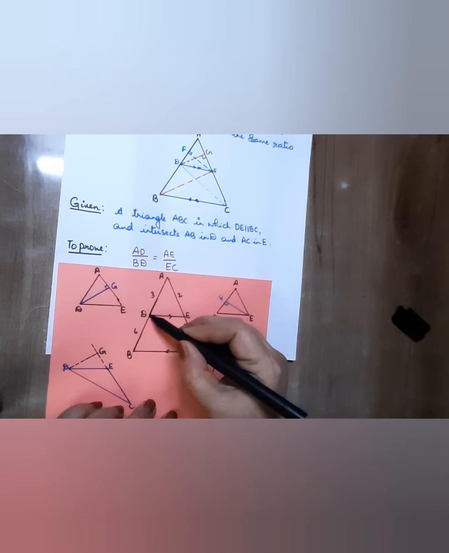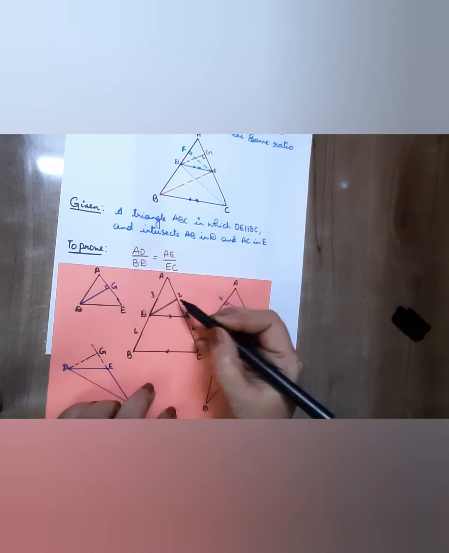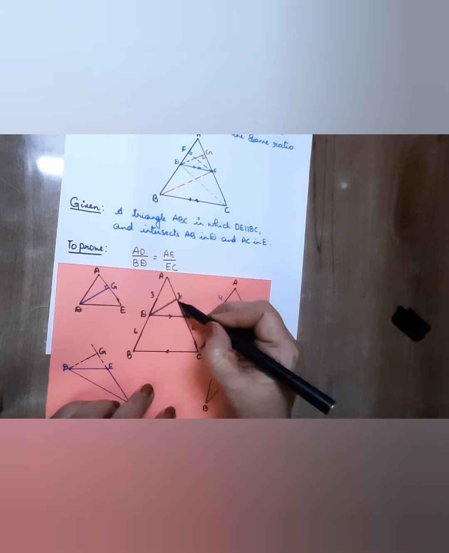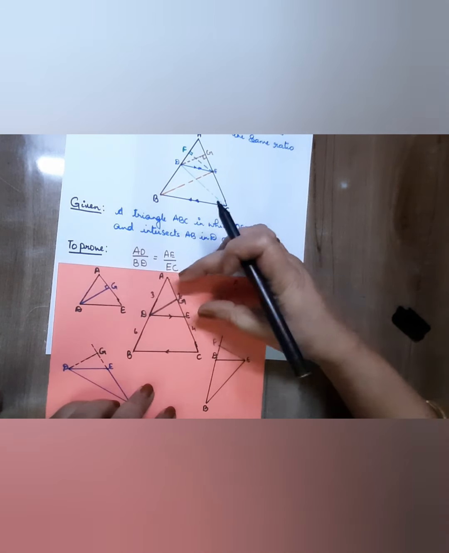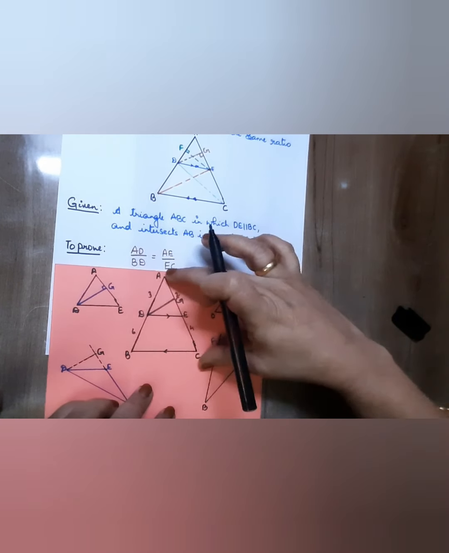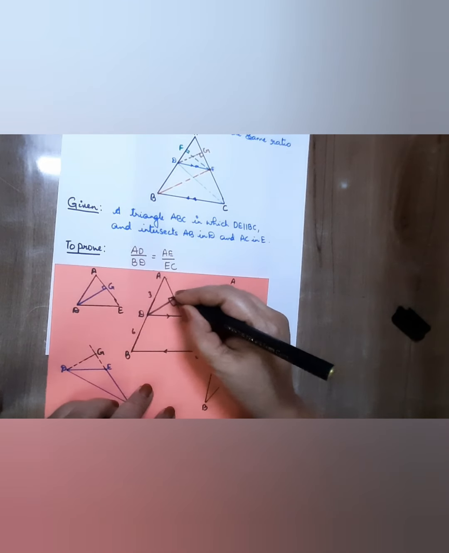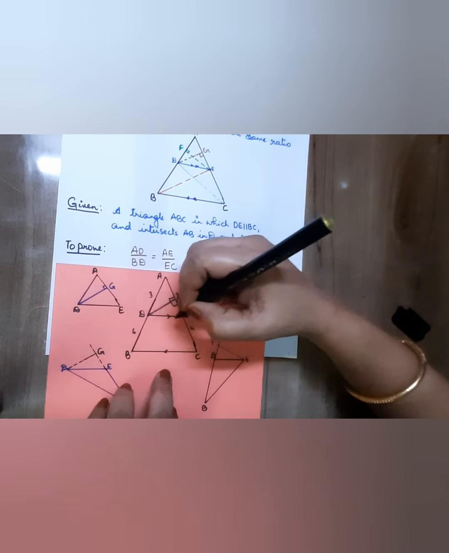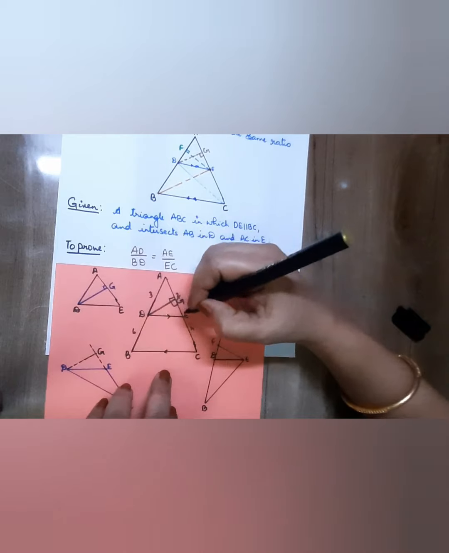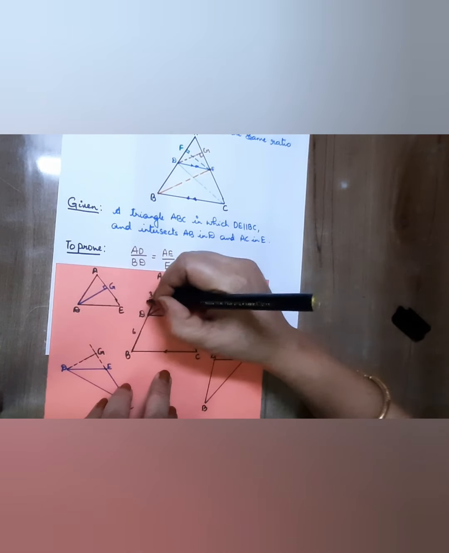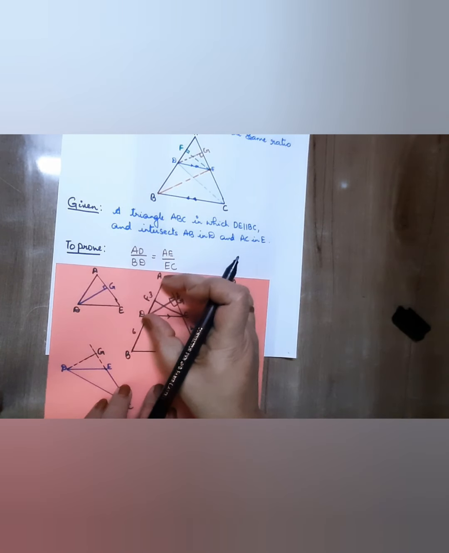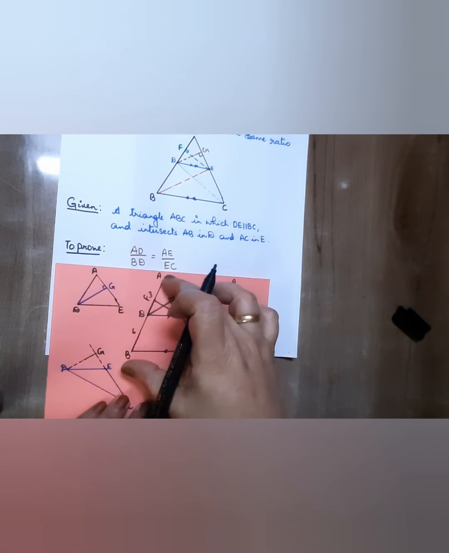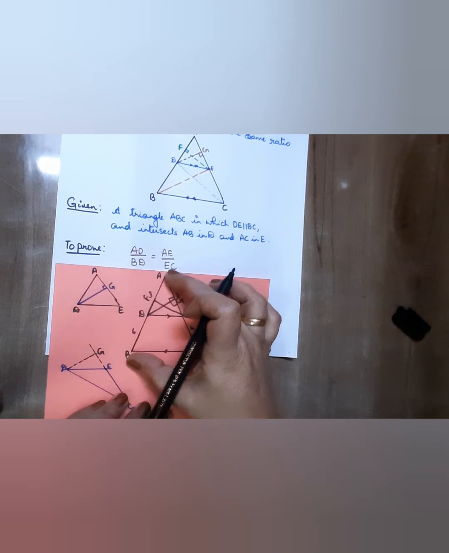So I will drop an altitude from D to AC. This is perpendicular to this one. We'll take one more altitude for the same triangle, this one. The corresponding side will be AD, that is, we are drawing EF perpendicular to AB.